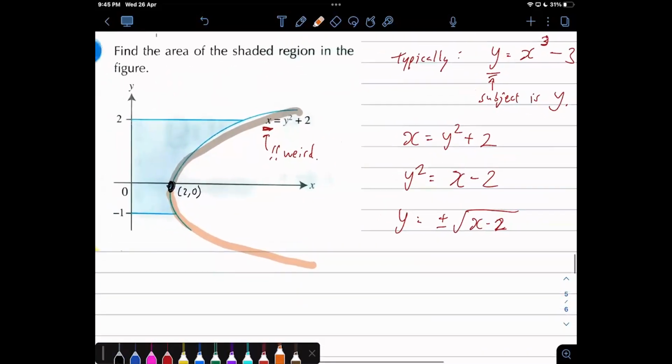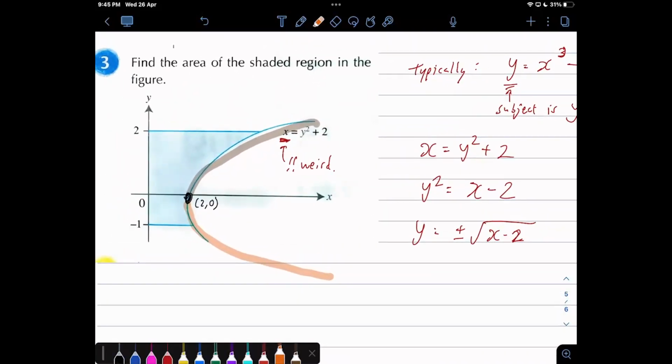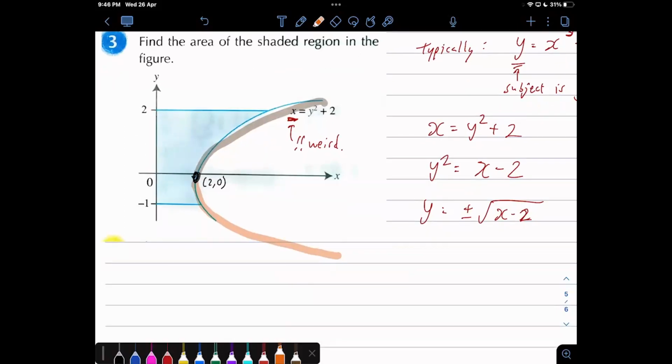And do you notice something? Let me see if I can find a video. Do you realize that this resembles a certain function you know? X equals y squared plus 2. What if I swap the x and y? What do you get? X becomes y. That means you get what? Y. Over here, y squared becomes x squared, and then plus 2.